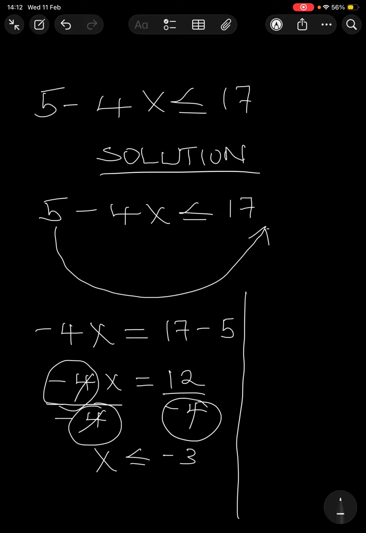So it is x less than or equal to negative 3, and you change the direction of this sign. So this one becomes x is greater than or equal to negative 3. Yes, so this is the final answer.